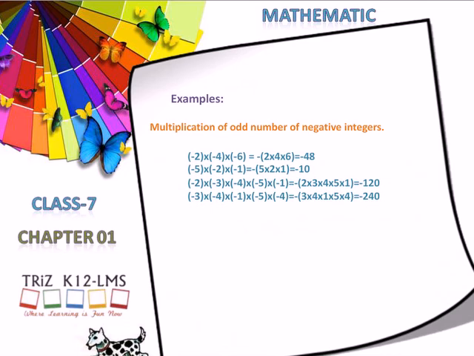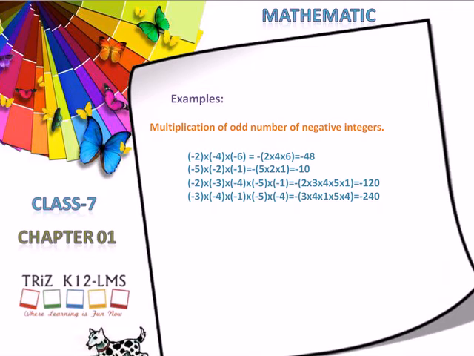Minus 2 into minus 4 into minus 6 is equal to minus (2 into 4 into 6) is equal to minus 48. Minus 5 into minus 2 into minus 1 is equal to minus (5 into 2 into 1) is equal to minus 10.